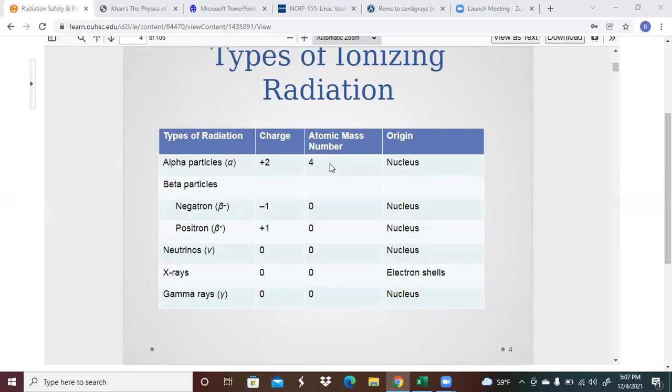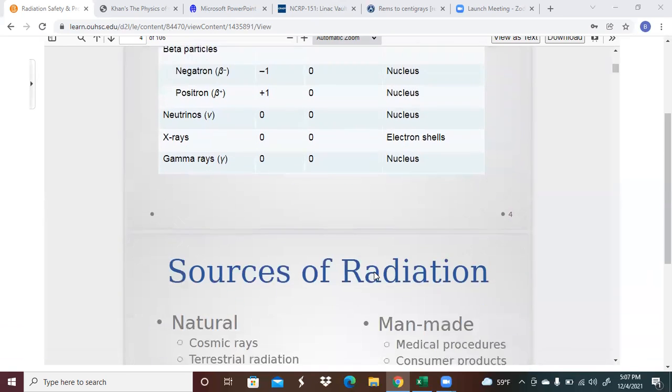Beta particles, we have a negatron as well as a positron, and you can see the charges there. Also, they will be emanating from the nucleus. We have neutrinos, which are not going to carry any charge or atomic mass number with them. X-rays emanate from electron shells, and then gamma rays, which of course are emanating from the nucleus.